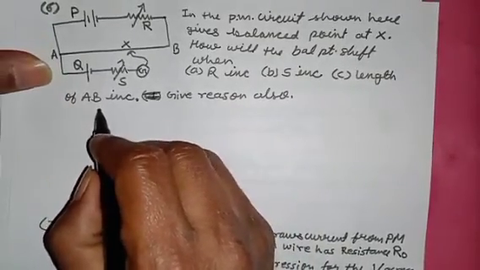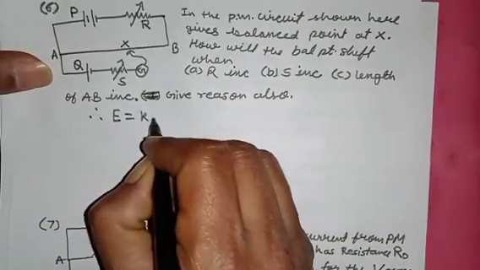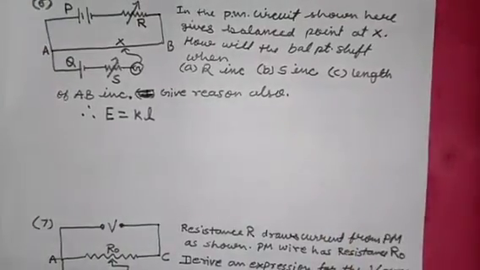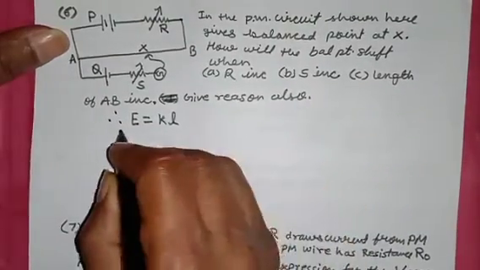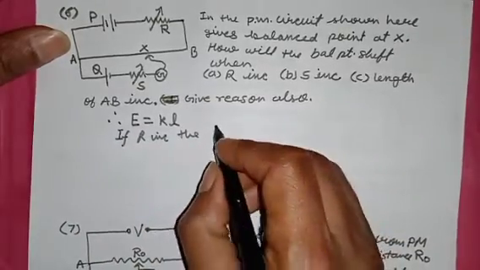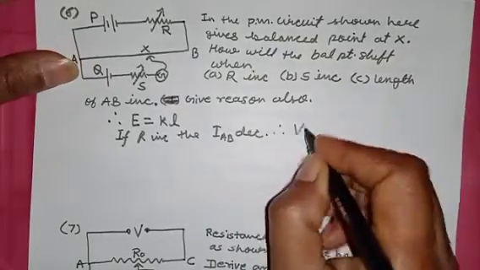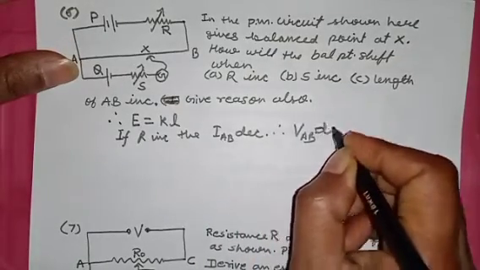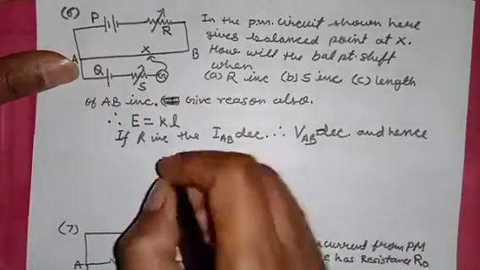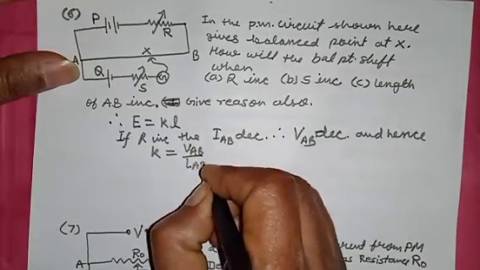So we know that E equal to KL. So if R increases, then I through AB decreases. So V across AB decreases, and hence K, that is equal to V_AB upon L_AB, decreases.